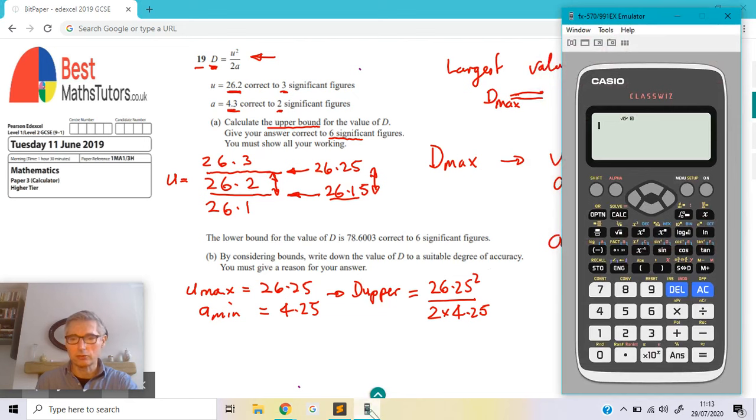I'll just get the calculator up now, and so I'm just going to use the fraction button here to work this out. So we want 26.25 all squared on the top and on the bottom line, I'm just going to use the navigation keys to get onto the bottom line there. We want 2 times 4.25.